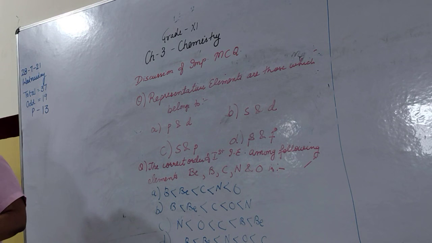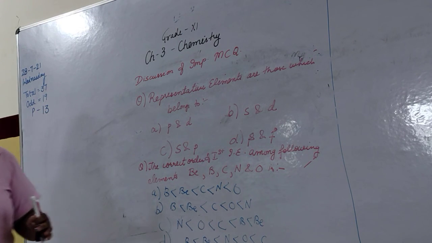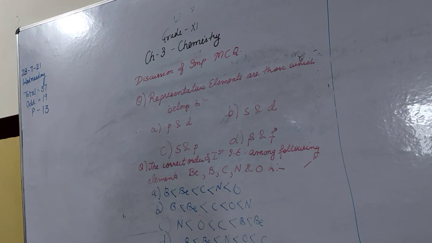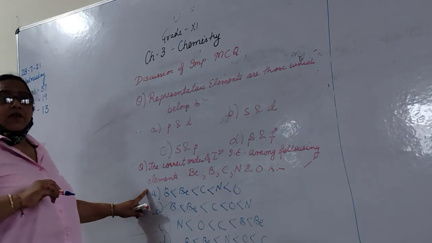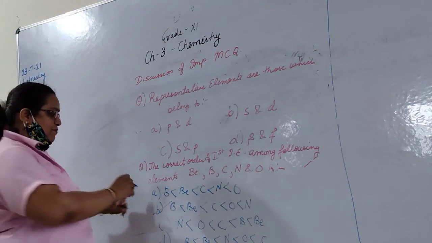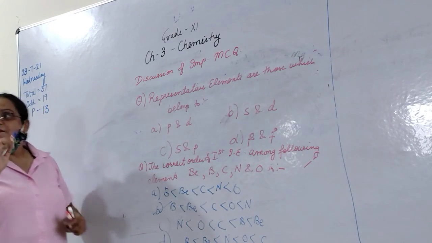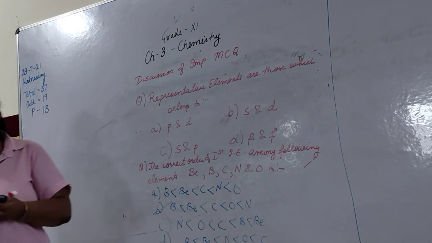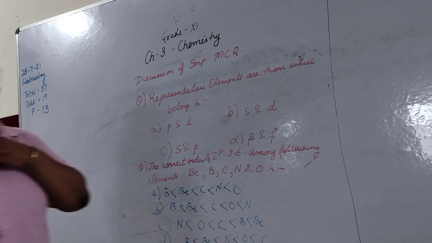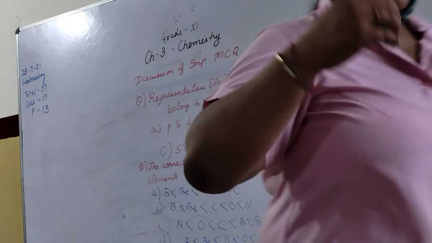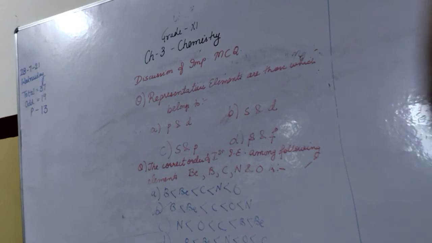Nitrogen has a half-filled configuration. Fine? So here the answer is the second option. Mostly we put this order, but this is the exceptional case. So kindly check all the options very carefully, because in multiple choice questions you find most of the answers look correct.